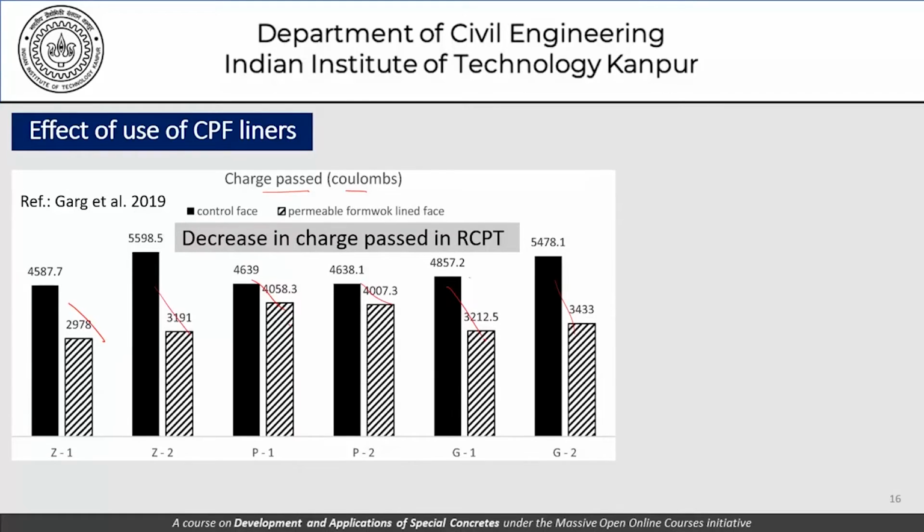Of course, some of these results are quite obvious, so I'm not getting into those results, because that's not the intent. The intent really is only an exposure to the phenomenon or the use of a CPF liner and carrying out some kind of an investigation to establish whether or not a particular CPF liner is effective.